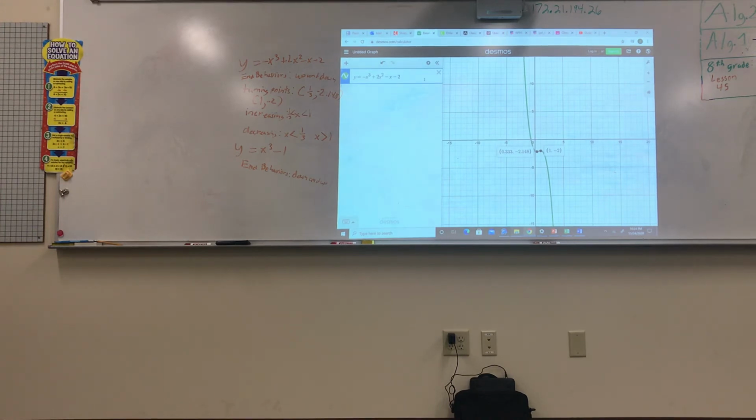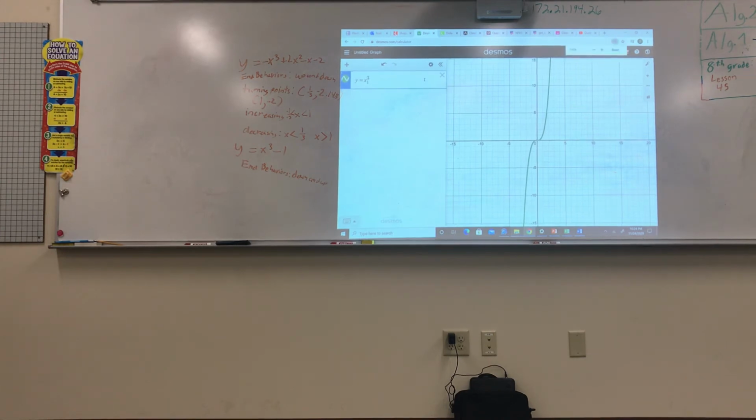So now we have this other one. We have y equals x to the 3rd plus 1, not minus 1. We have no turning points here, so turning points are going to be 0.